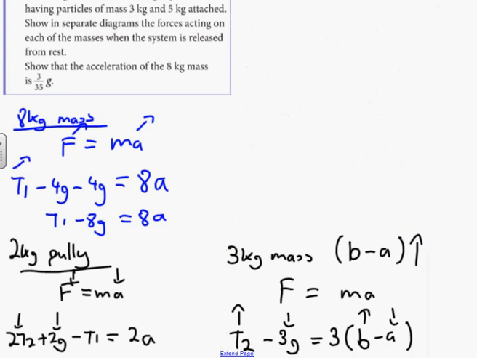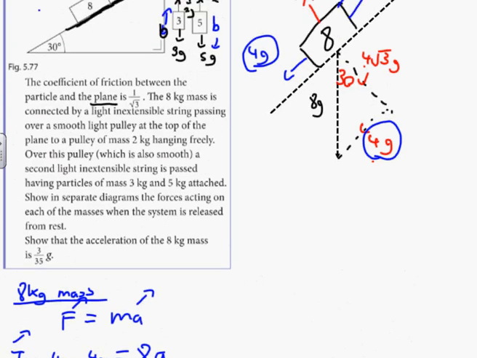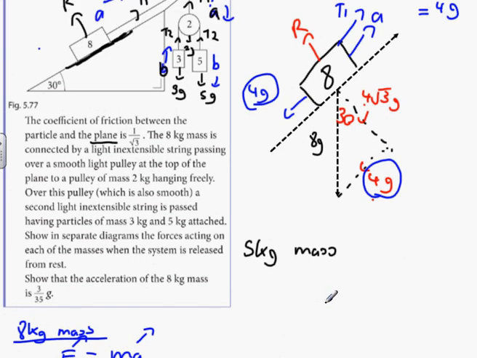Now finally, what we have next is the 5 kilogram one. So 5 kg mass. So guys, what about this one here? Anybody? What's its acceleration? A plus B, going down. F equals ma.